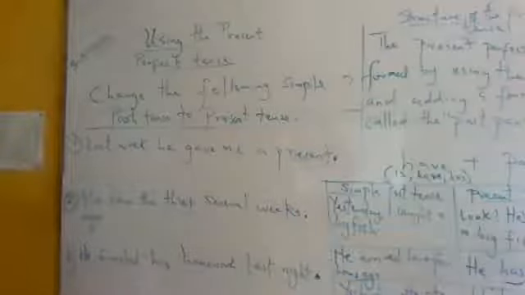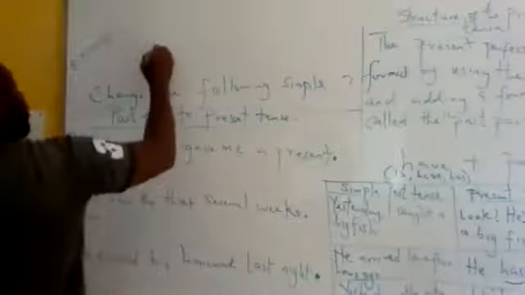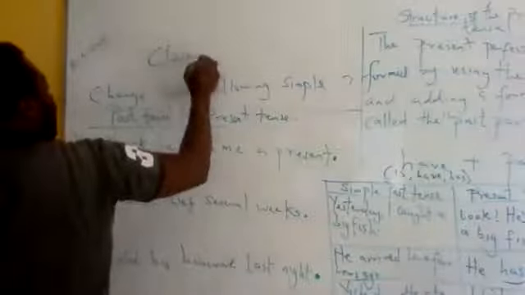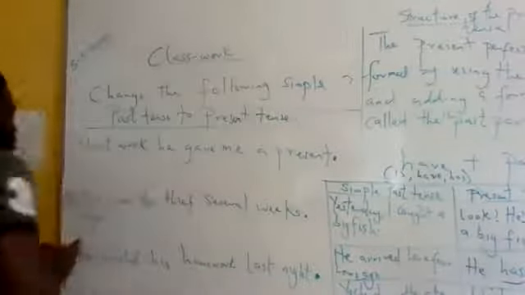If you look at it, the first one says, last week, he gave me a present. Let me just indicate that this is classwork. Last week, he gave me a present. He saw the thief several weeks ago. He finished his homework last night.